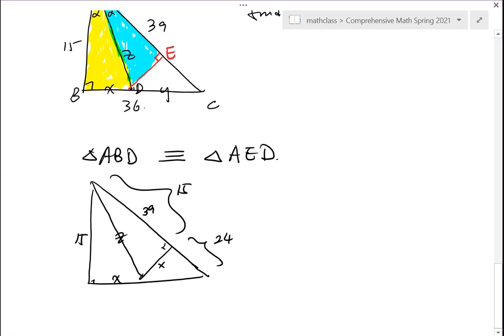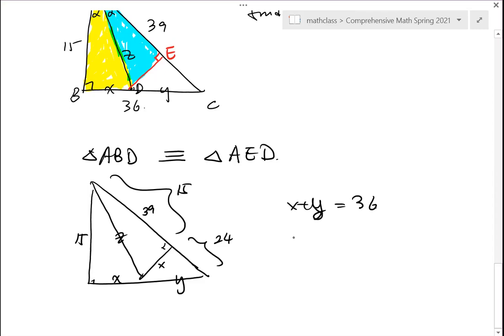And this is a Y, right? So now we have a bunch of right triangles. So we can apply the Pythagorean theorem to this problem. X plus Y is going to be 36.